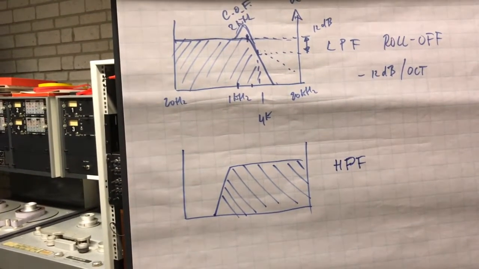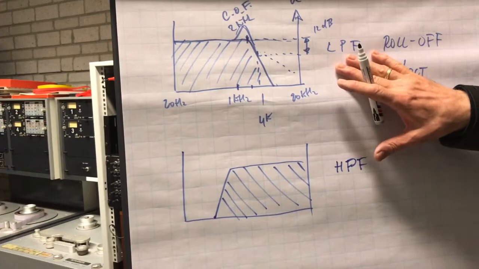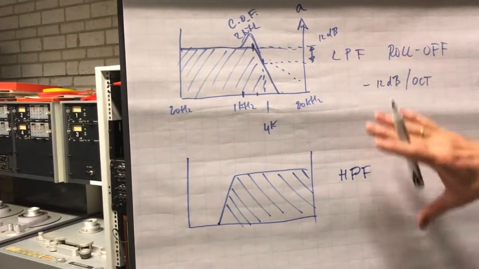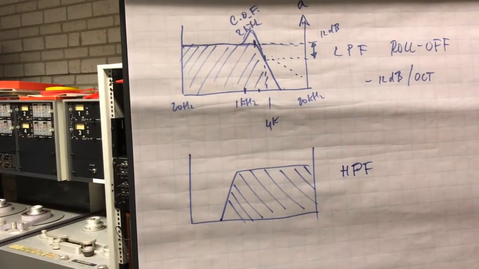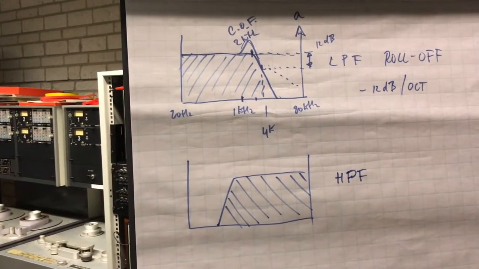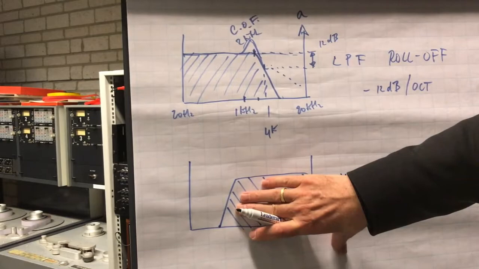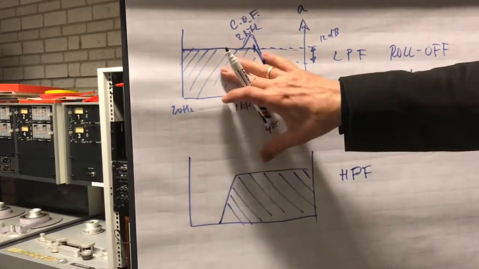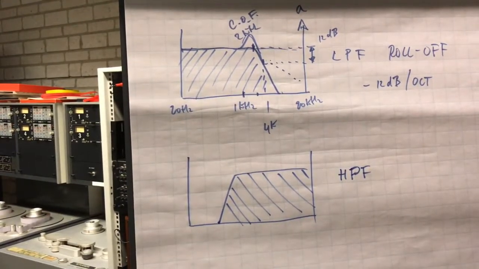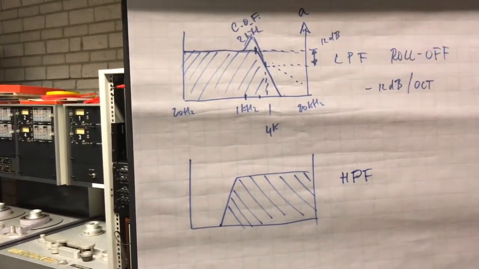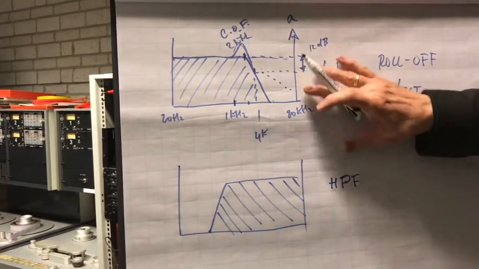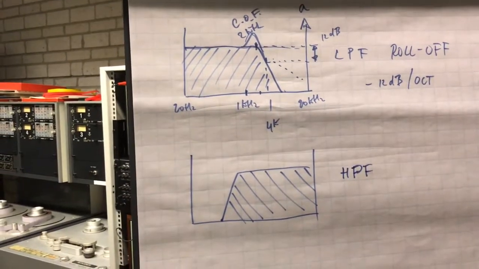Everything that I said about the low pass filter is true for the high pass filter, except from the difference in the frequency range, of course. So here we have the high part passing and the low part is taken away, and here it's the opposite. But for the rest, the cutoff frequency, the resonance, the roll-off, how you describe that, it's all identical.